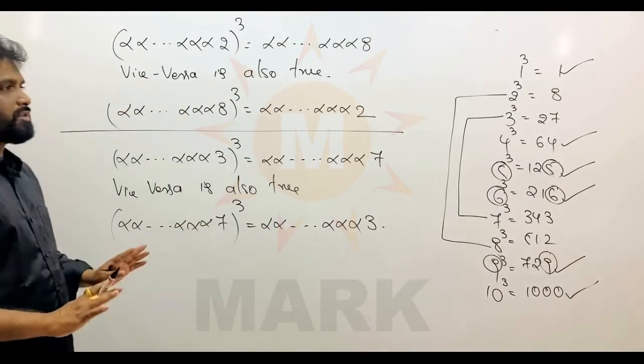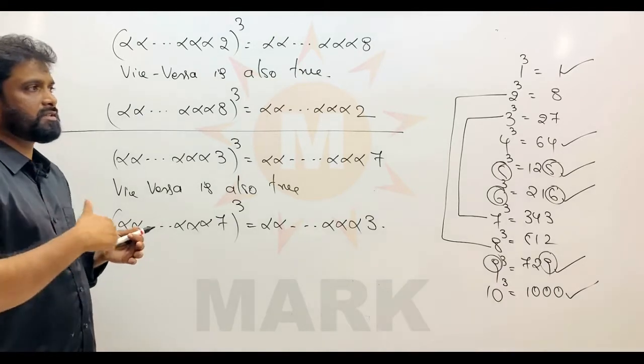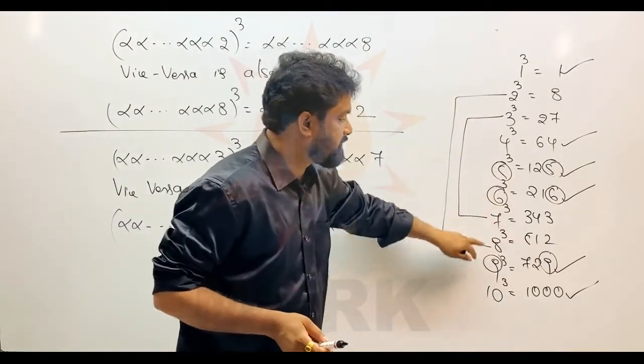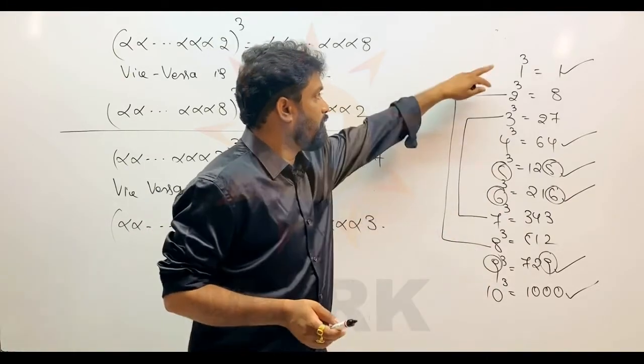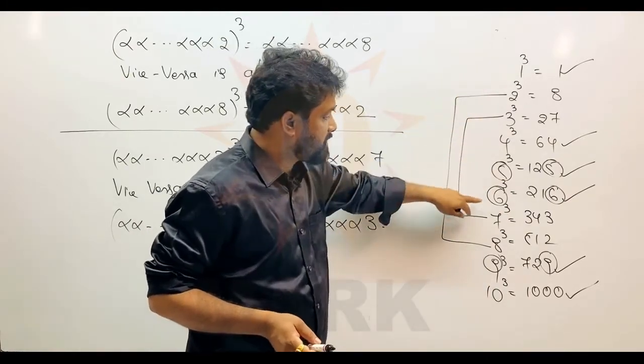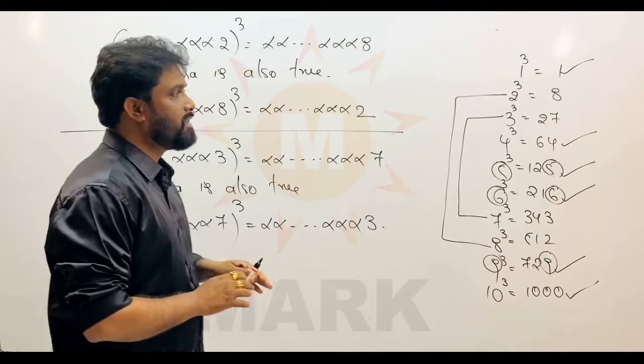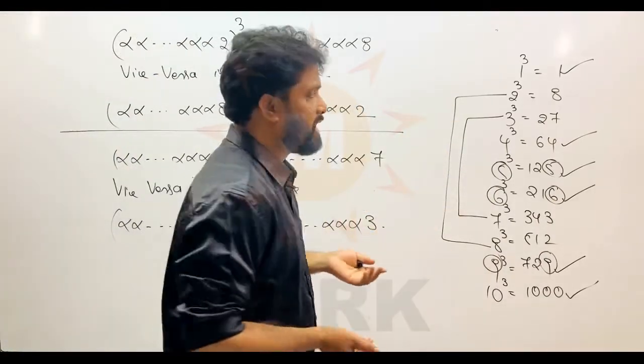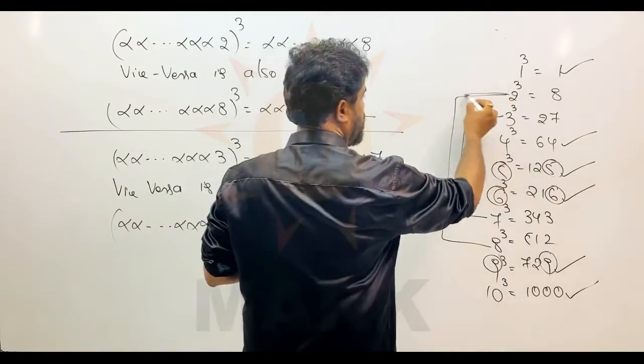So the first one is stay as it is numbers. What are the stay as it is numbers? 0, 1, 4, 5, 6 and 9. These are the stay as it is numbers. And the remaining numbers are 2, 3, 7, 8. Those are the only pending numbers. That's why there is a relationship between 2 and 8.